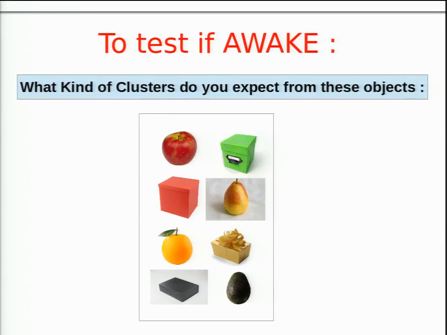Okay. So now I'm going to test whether all of you are awake. So I have all these objects. What kind of clusters should I expect from these objects? A little louder. Fruits and boxes. Okay.